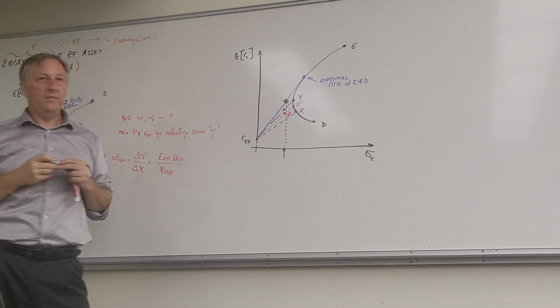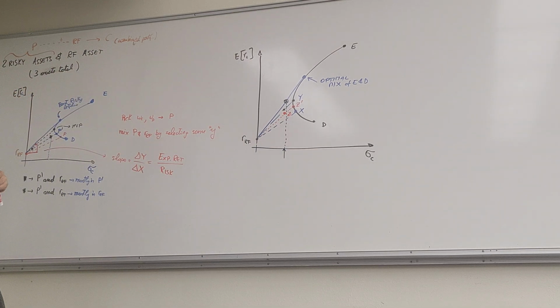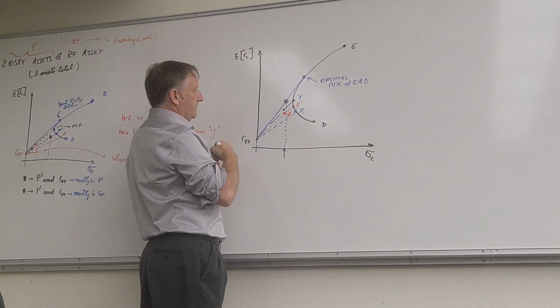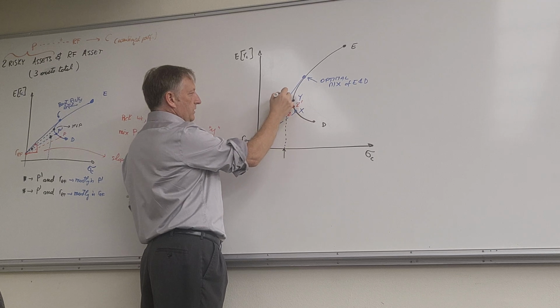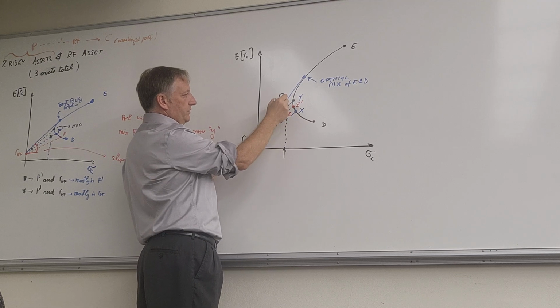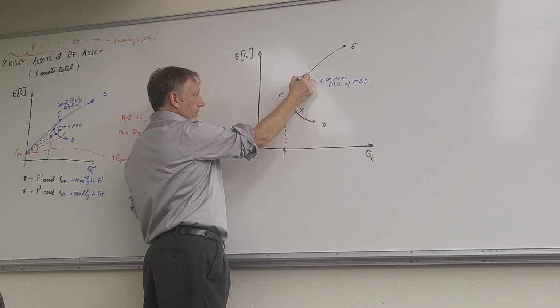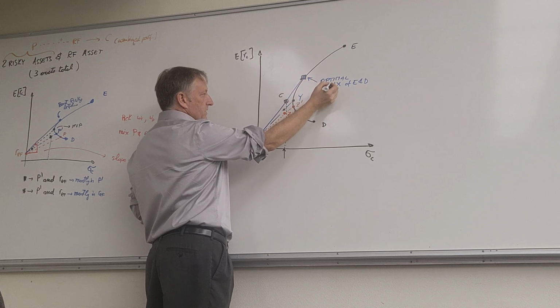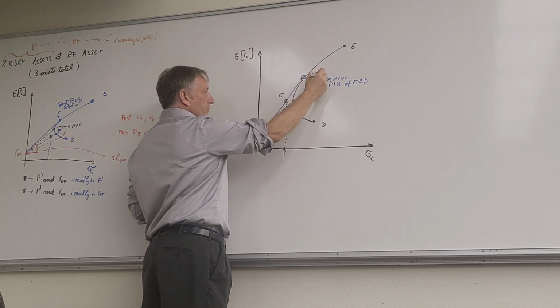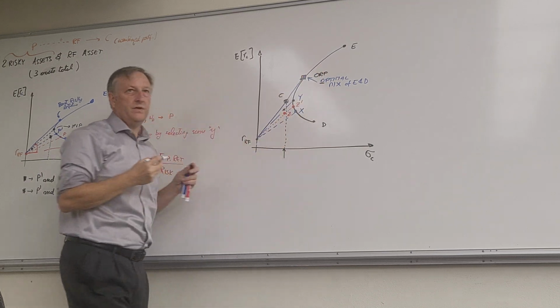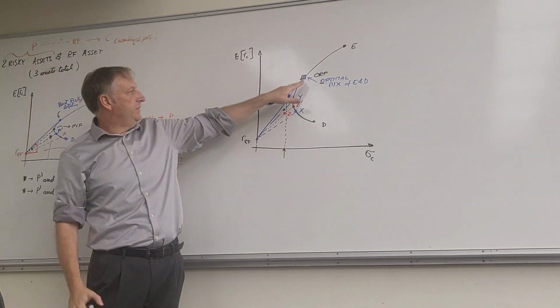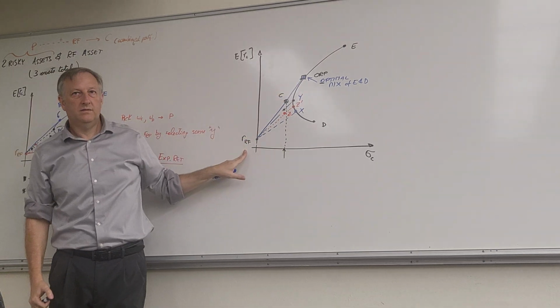Then this is by far the best I can get. How would I get this portfolio? Let's call it C. How could I get this portfolio C? Well, find C prime. Figure out what is this optimal risky portfolio, and then mix this ORP with T-bills.